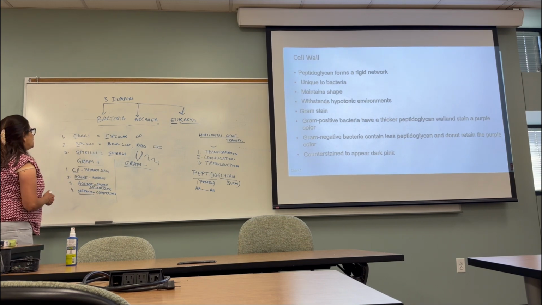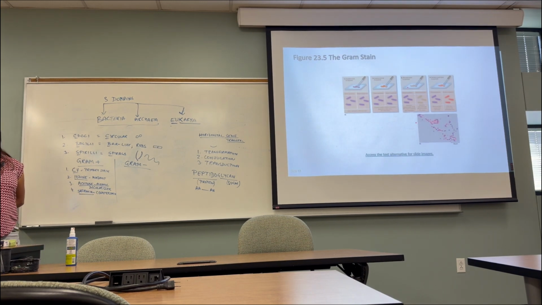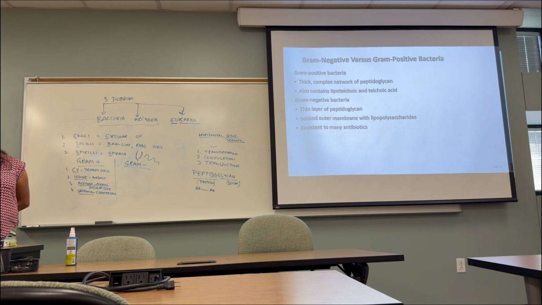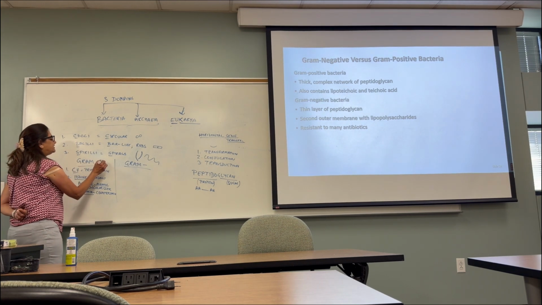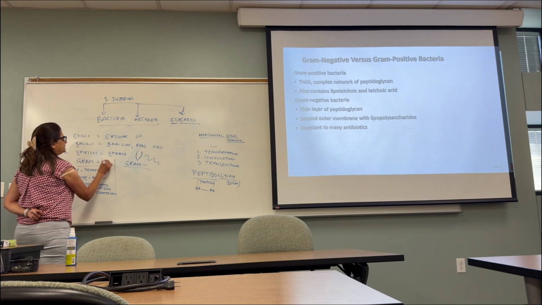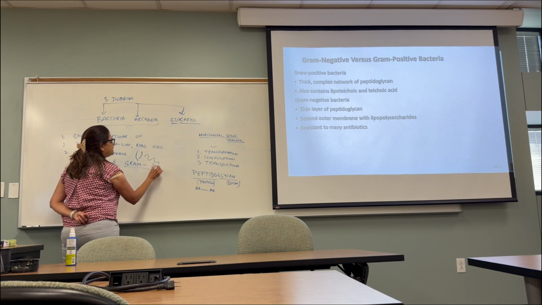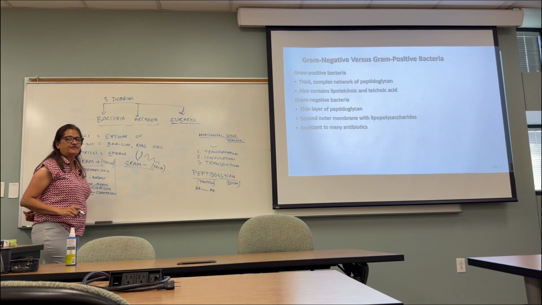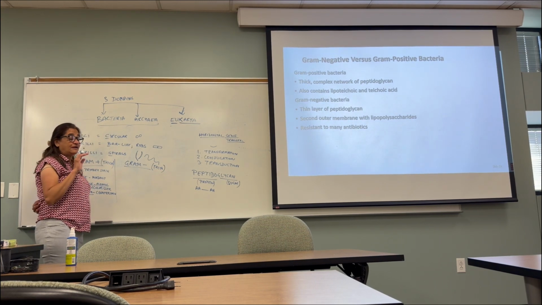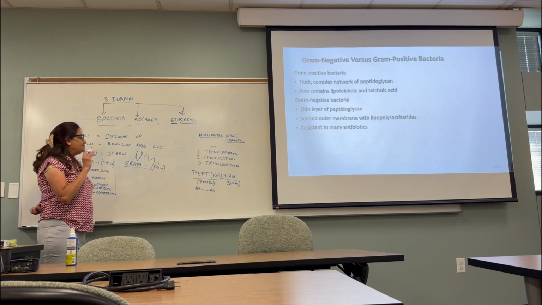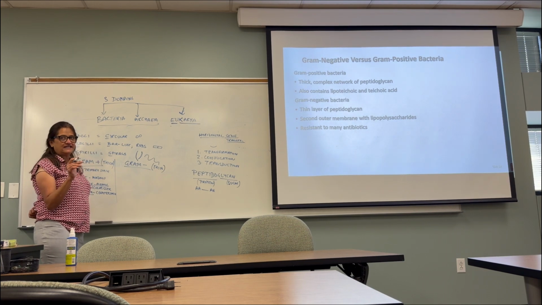This is the procedure we follow, summarized in this picture. Gram positive bacteria have a thick layer of peptidoglycan cell wall, whereas gram negative have a thin peptidoglycan cell wall.